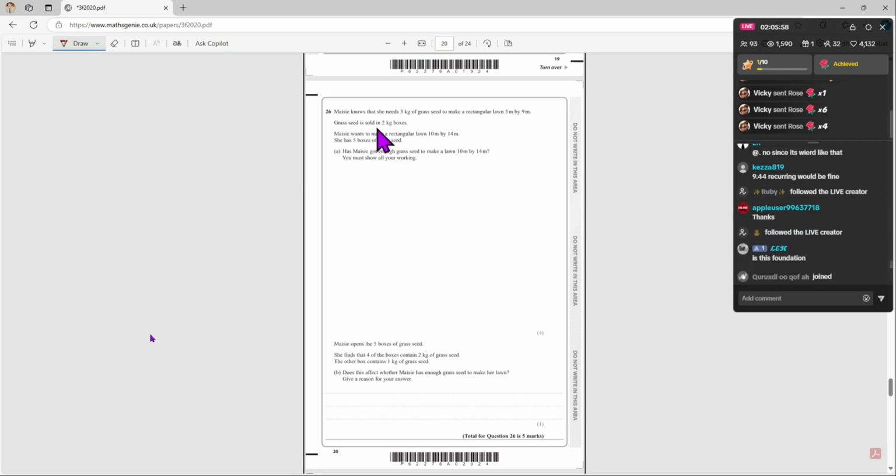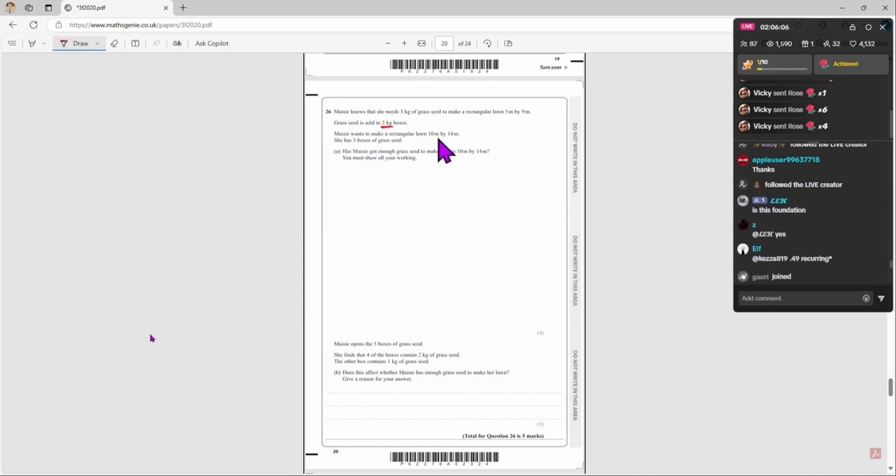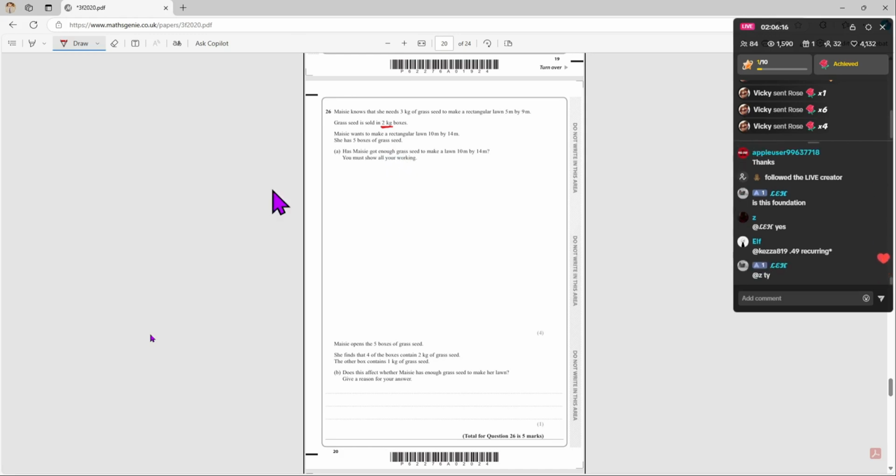Grass seed is sold in 2 kg boxes. Maisie wants to make a rectangular lawn of 10 meters by 14 meters. She has 5 boxes of grass seeds. Has Maisie got enough grass seeds to make a lawn 10 meters by 14 meters? You must show all your working out.